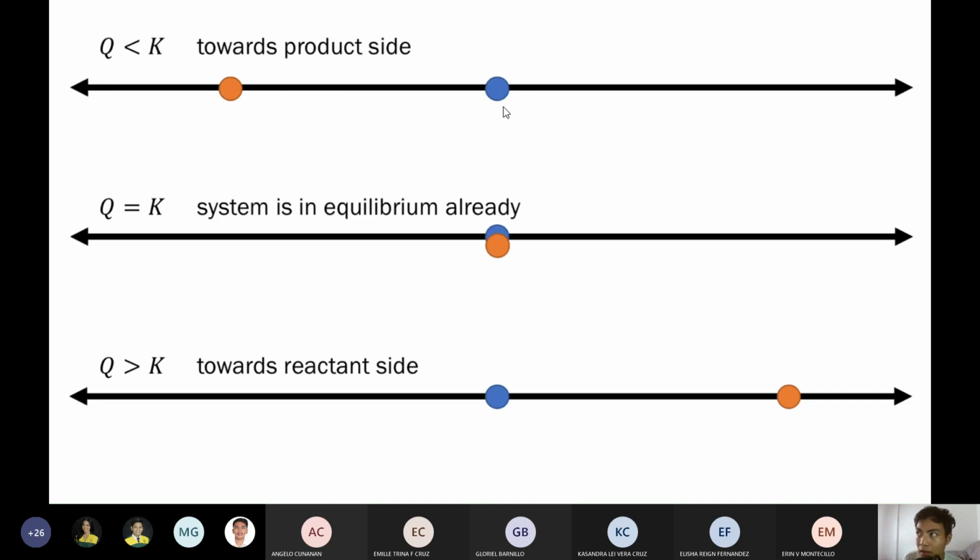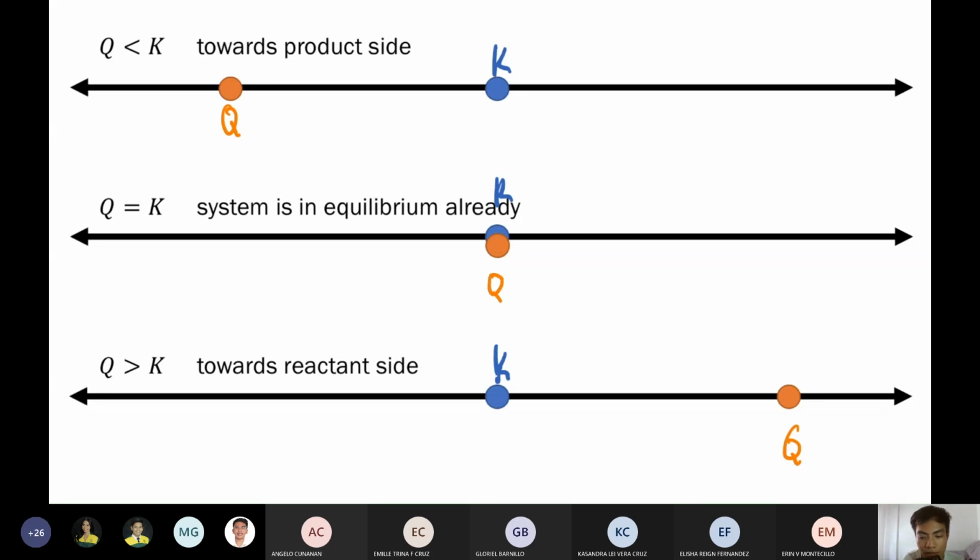Ganito, I create a number line. In the middle, I have my K. So, itong blue circles na yan yung K natin. Yung orange circles, yun yung Q. Then, sa number line, hahanapin ko what is the value of Q.